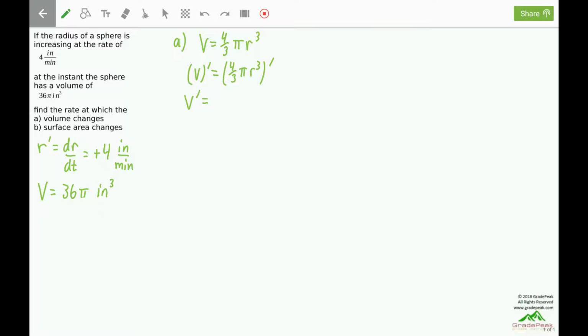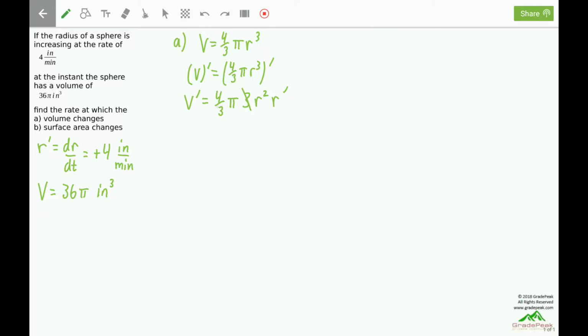On the right side, we have a power rule. The 4/3 pi is all a constant, so we bring the 3 down. So we have 4/3 pi, and then times a 3. Subtract 1 from the power, but then we multiply by the derivative of the inside to complete the chain rule, and that'll give us an r prime. Every variable will get a prime due to the chain rule and implicit derivative on time.